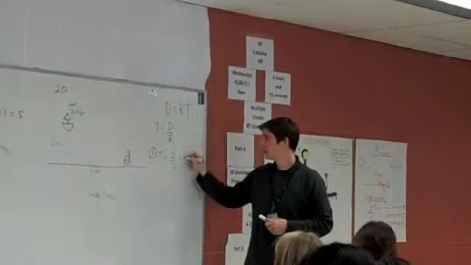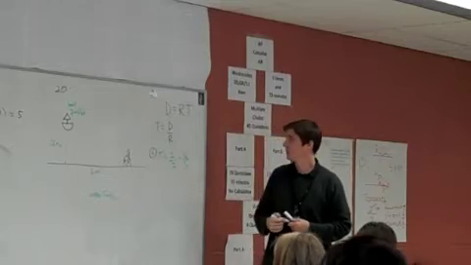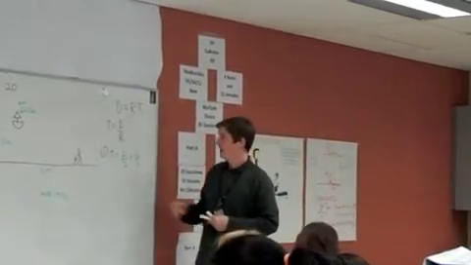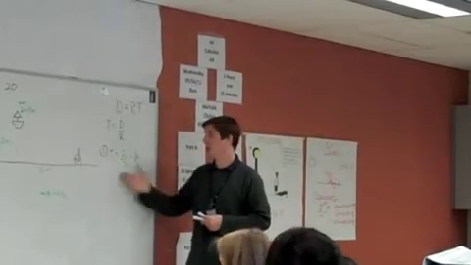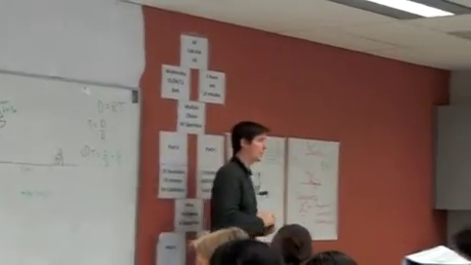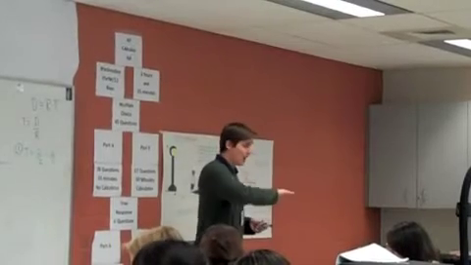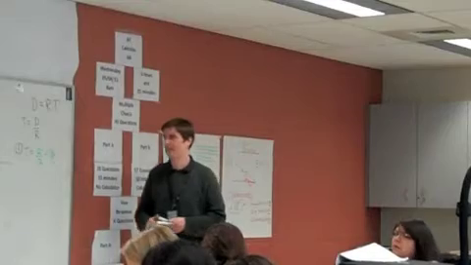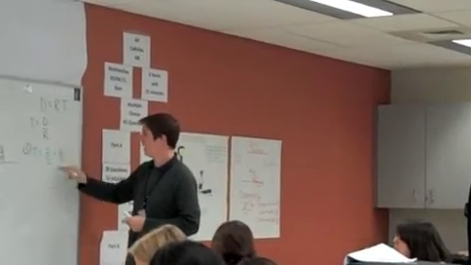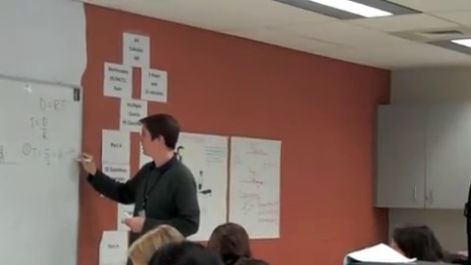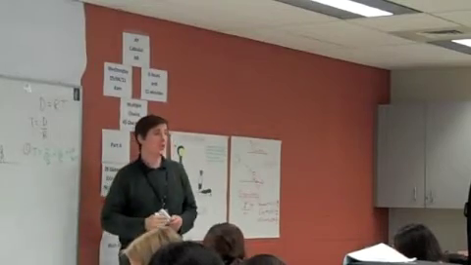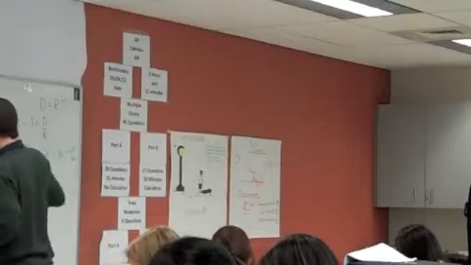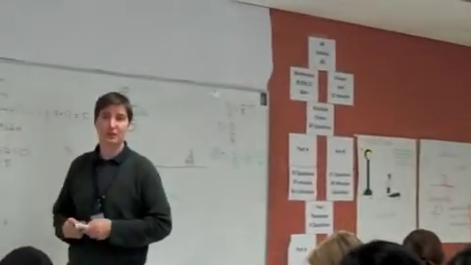I take my distance, 6 miles, and divide it by my rate, and I get 6 over 5 hours. Now what's all this added together? That's how long it'll take you to go directly down and then directly over. 1 and then 1.2 is 2.2 hours. Great. So I did the longest way possible. I go all the way down and then all the way across. It's going to take me 2.2 hours.